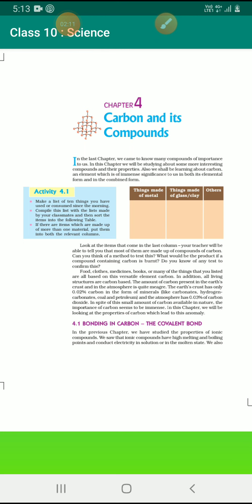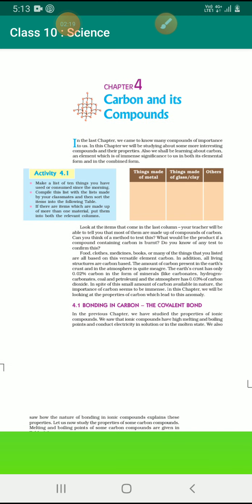Kindly keep a notebook handy so that you can write important points. Okay, fine. So let's start the chapter on carbon and its compounds.